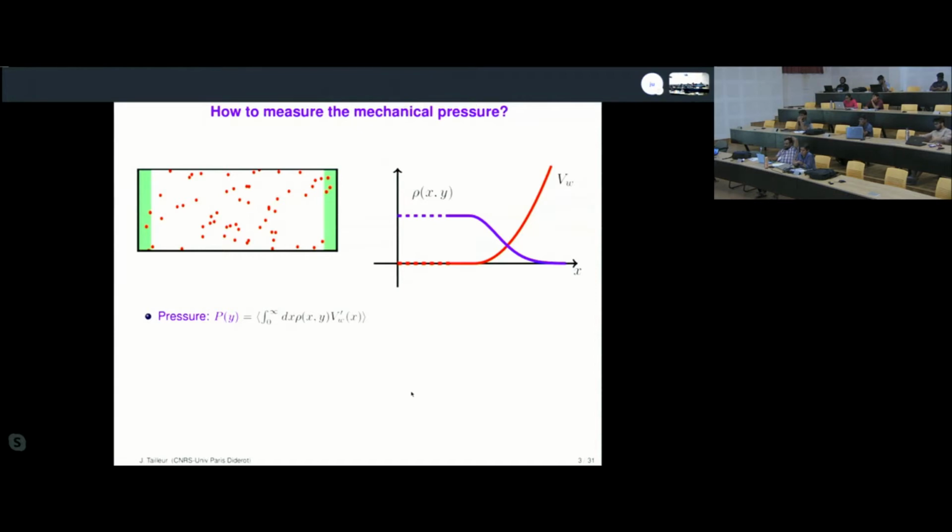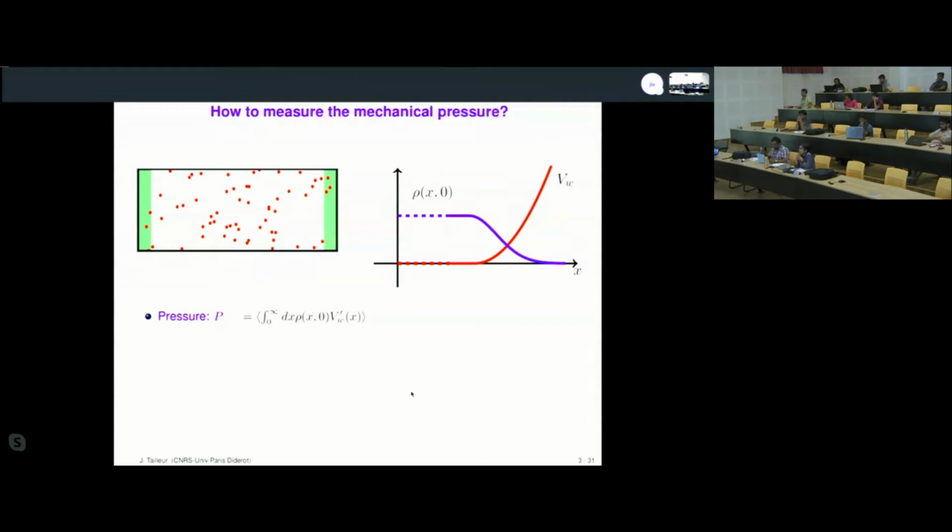If I integrate along x, I don't have a force density per unit area, I have a force density per unit length, and indeed if I then integrate what I've written here, P of y, along y, I will get the total force. Just to show you that I haven't cheated, I can compute this for an ideal gas in equilibrium. First I'd like to note that because the system is invariant by translation along y, P of y does not depend on y, and I can simply evaluate it at y equals 0.